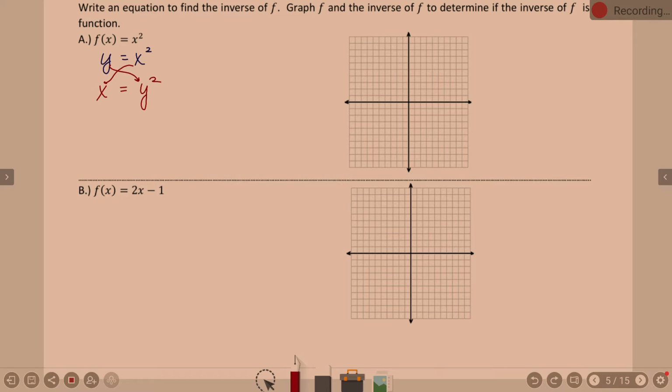So I'm going to go ahead and reverse this. If this is y squared equals x, how do I solve that for y? Yeah. If I want y squared to become y, we're going to square root it. If I square root the left, we square root the right. What is the square root of y squared? Y. What is the square root of x?